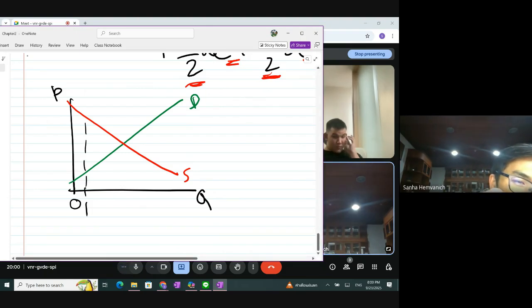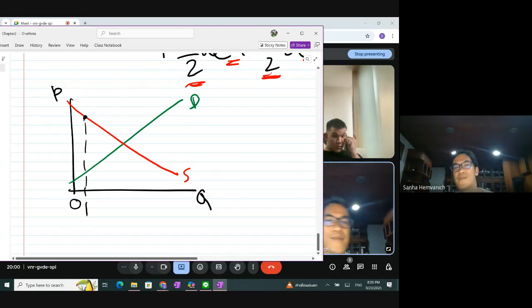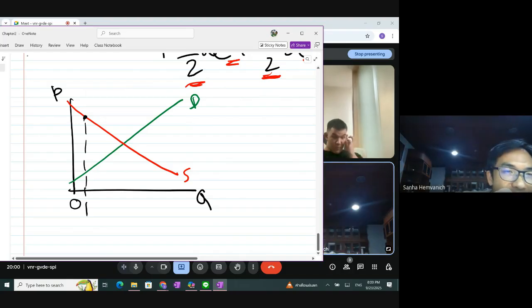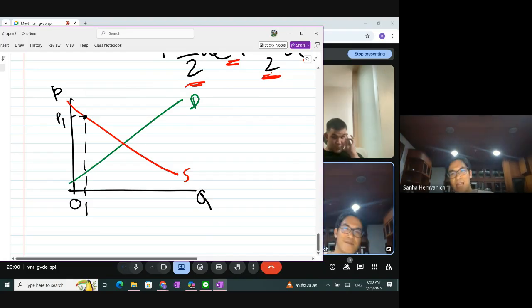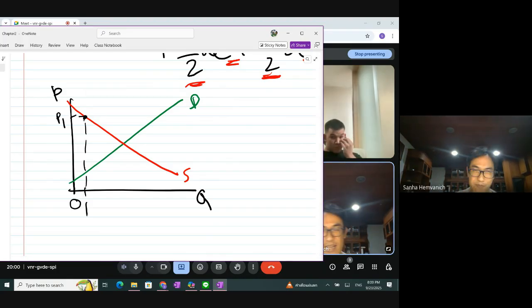Okay, we go there. And suppose that this is P1. Now I'm using subscripts. P1 is the price that, if you have only one unit, people are willing to pay for that unit. What about the second unit?